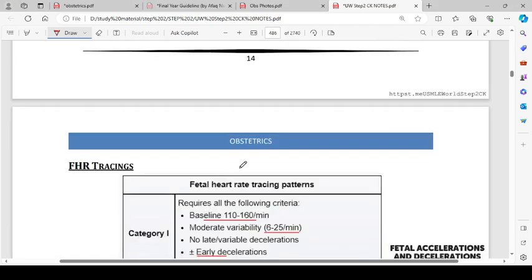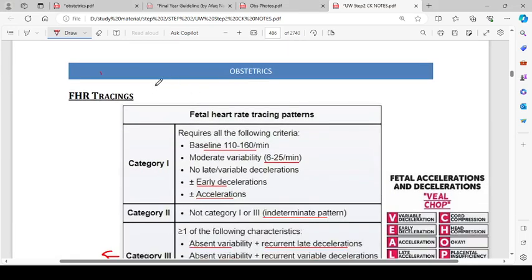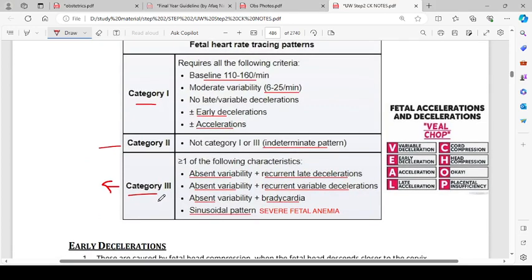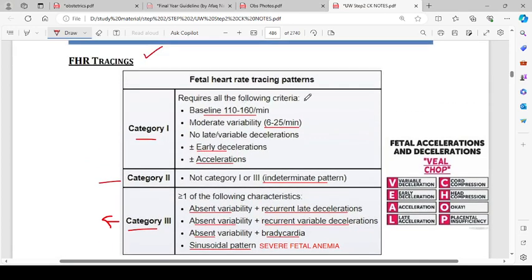Coming back, we have fetal heart rate tracings: category 1, category 2, and category 3. Category 1 requires all of the following criteria: baseline 110 to 160 per minute, moderate variability of 6 to 25 per minute, no late or variable decelerations, with early decelerations with or without accelerations.